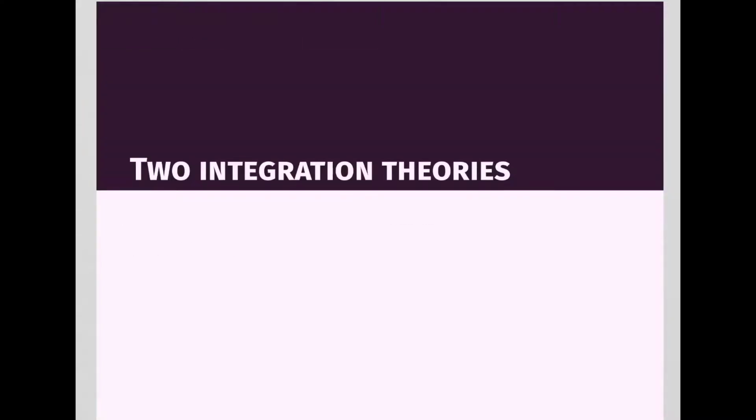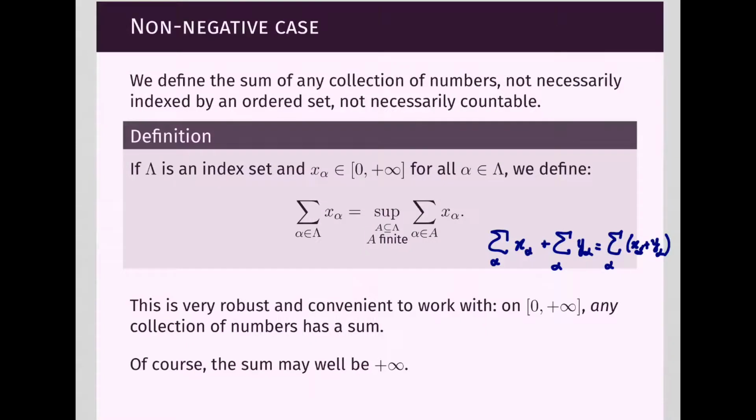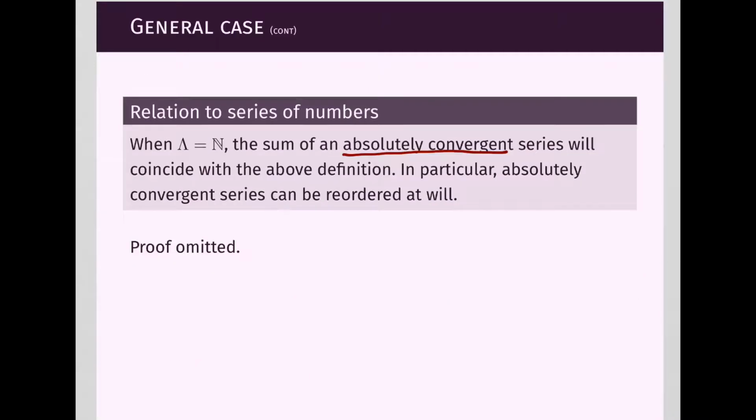Let us now talk about the two overlapping integration theories that are considered. We have seen that when numbers are non-negative, the sum is always defined and it has very nice properties. We have also seen that if a collection of numbers is absolutely summable, then the theory is also very powerful and robust in that context.